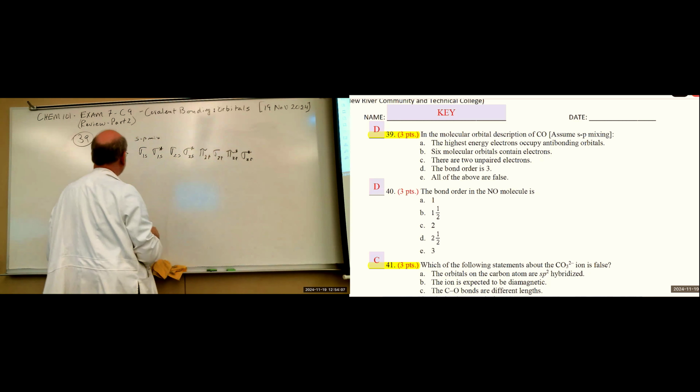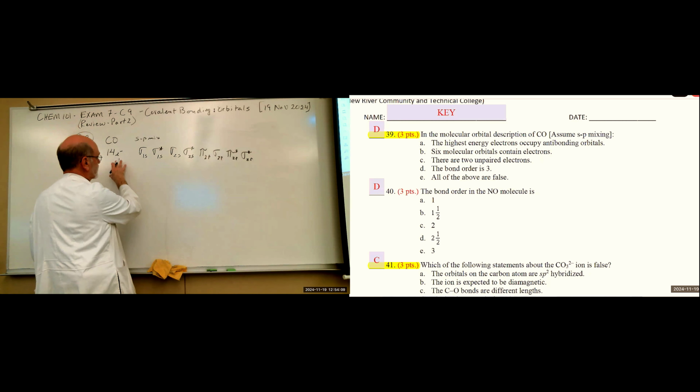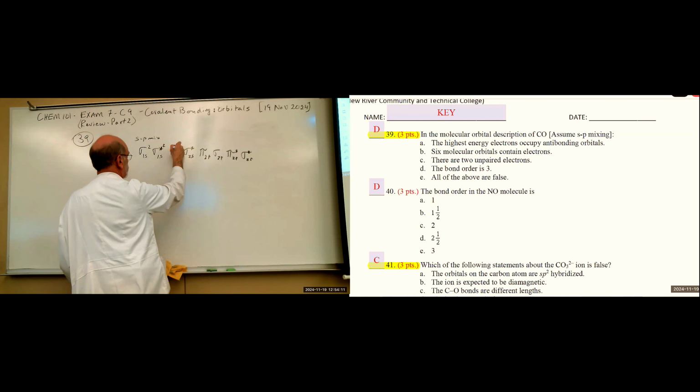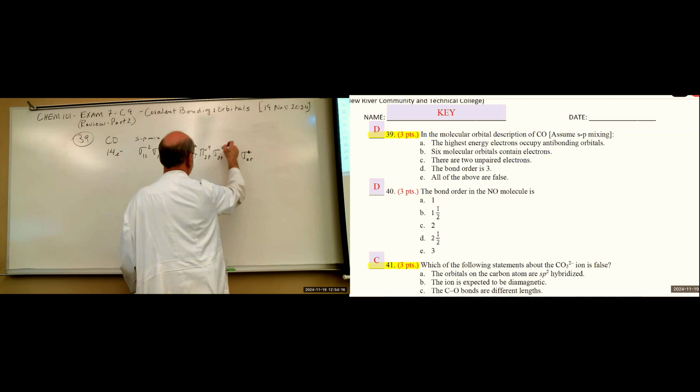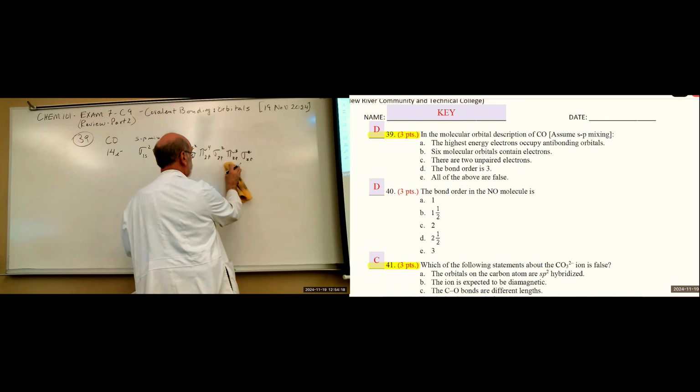Should be enough. Okay, so we got 14 electrons. 2, 4, 6, 8. And 4 is 12, and then 2 more.